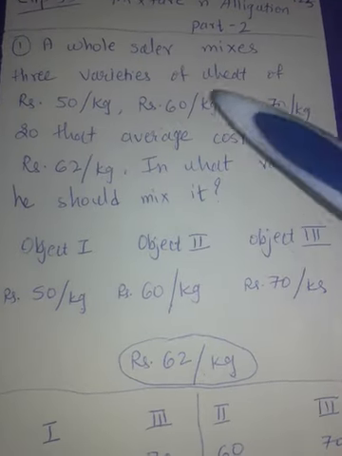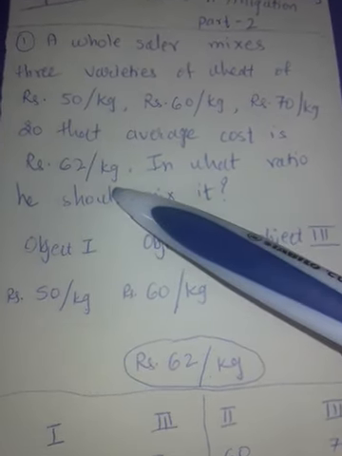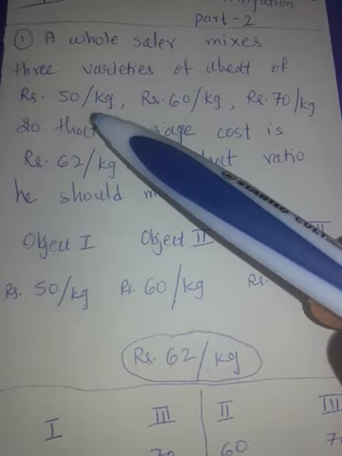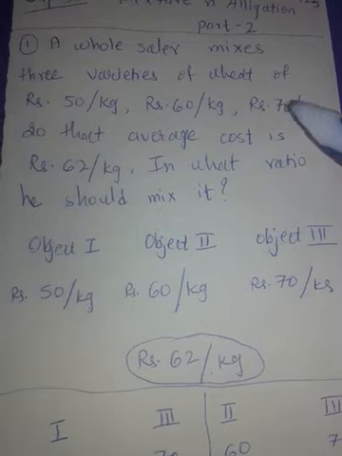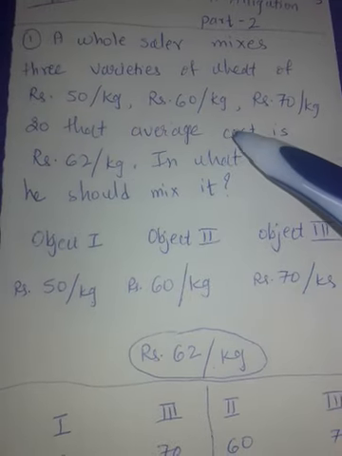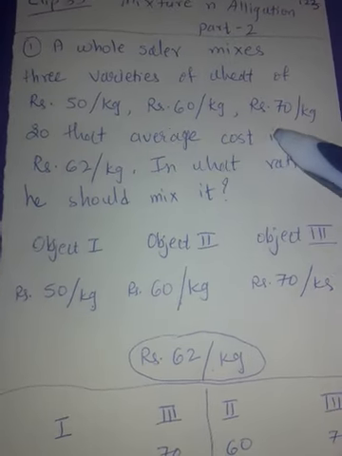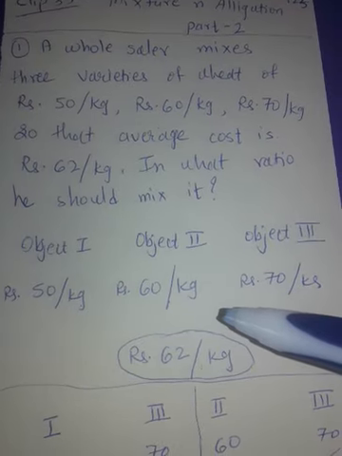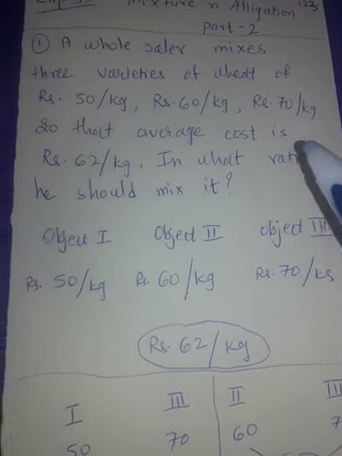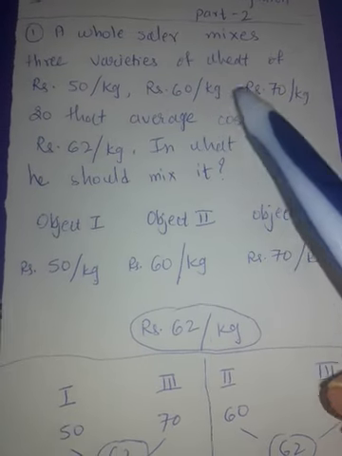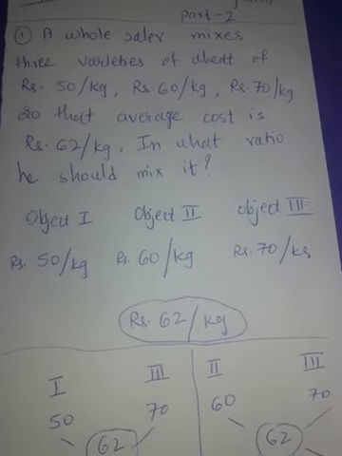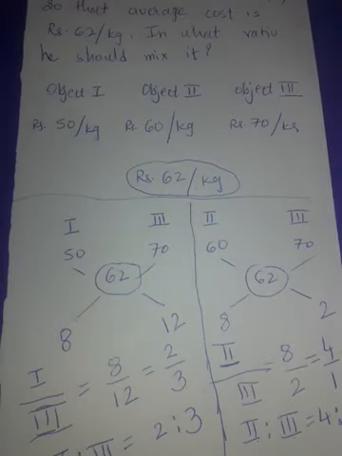I can select 50, 70 and 62 because 62 is between 50 and 70. I can select 60, 70 and 62 because 62 is between 60 and 70. So I am going to select these 2 pairs. One is 50, 70, the other is 60, 70. And then let's see how to combine them.